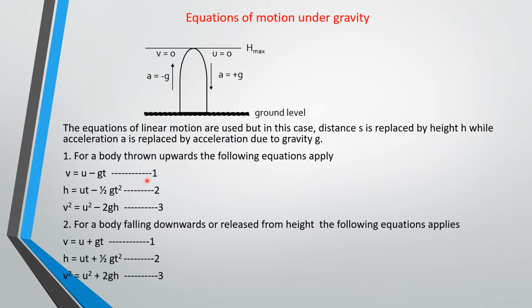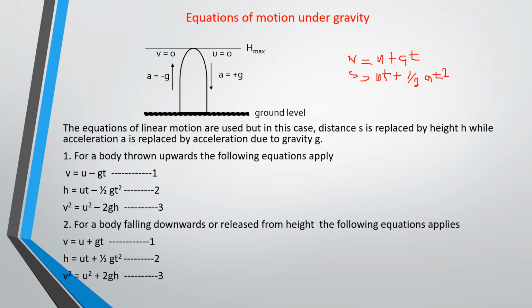Remember that in linear motion, the first equation was v = u + at. Then the second equation was s = ut + 1/2 at squared.